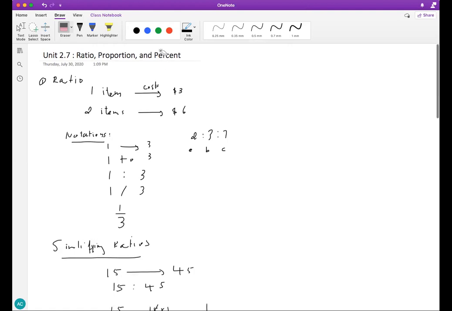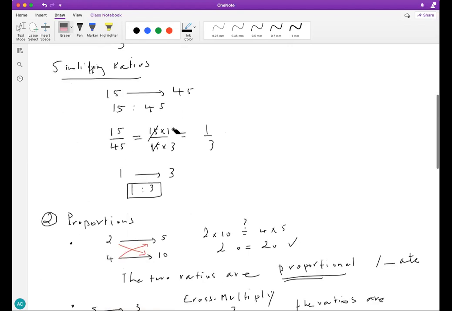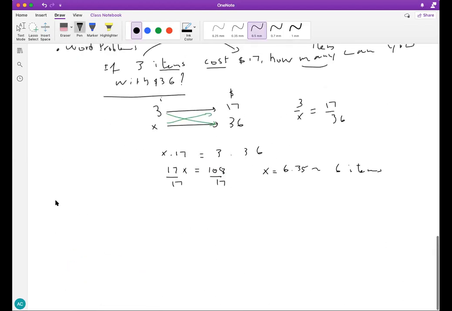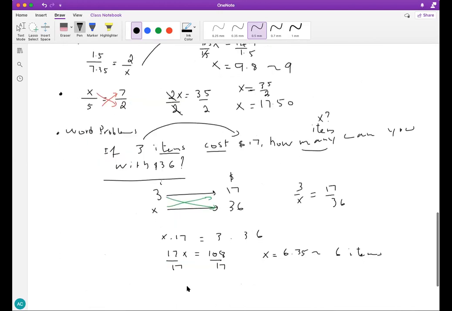So hopefully by the end of this class, you will be able to do the math quickly in your head, at least in certain situations, and figure out exactly how much money you're going to save almost immediately just by looking at that percent discount on the window or on the price tag of an item. So let's see how to do that. We have a formula for that as well. This would be number 3 or number 4.